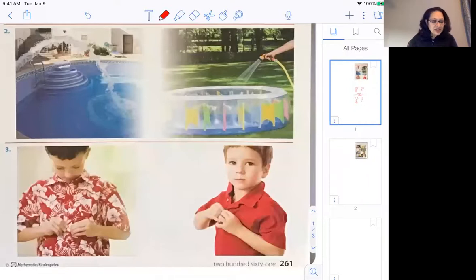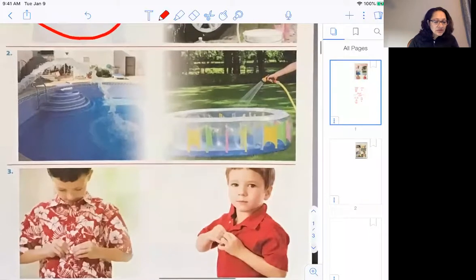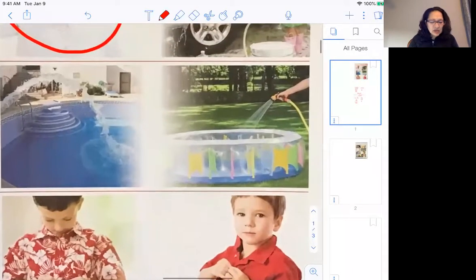So now let's look at number 2. Oh, look, you have a swimming pool that is being filled up by water. You see that? They're filling the pool with water. It's an underground pool. And oh my goodness, look how wonderful it's going to look when it's all ready, right?